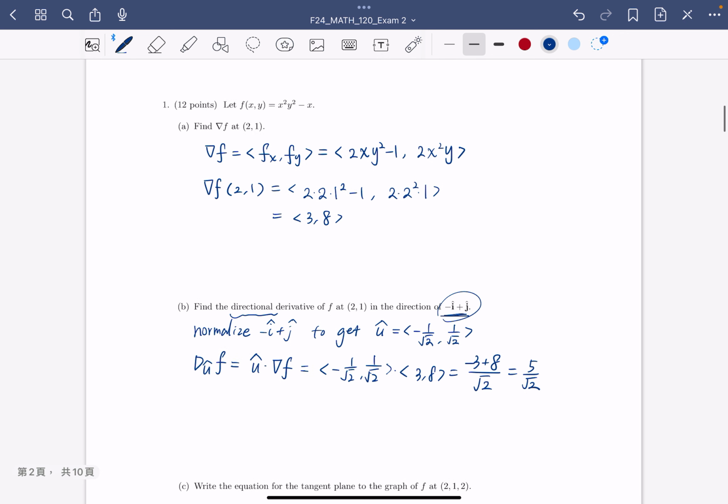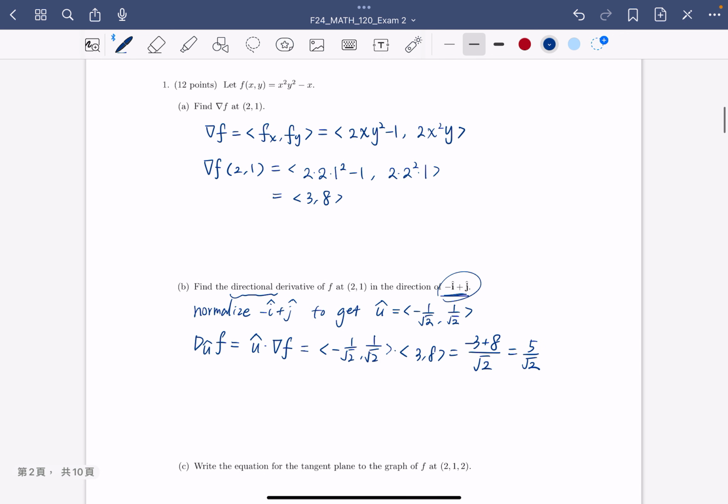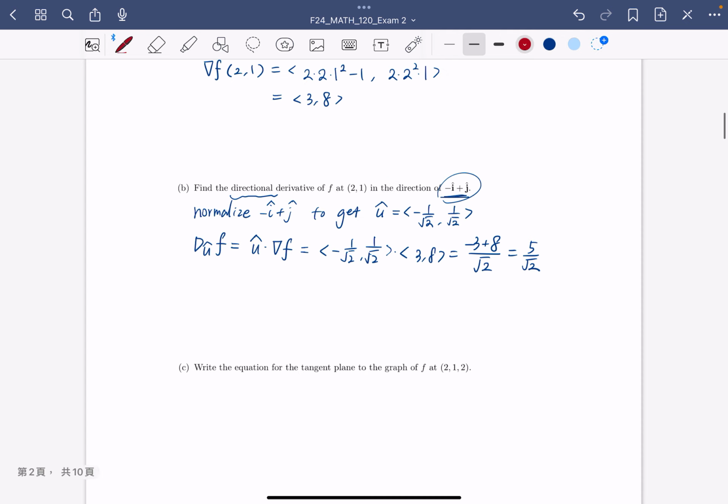And what about part C? Write down the equation for the tangent plane to the graph of f at this point. So the first thing we have to do is to understand what is the graph of f.